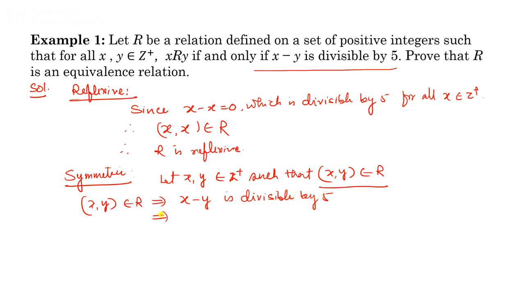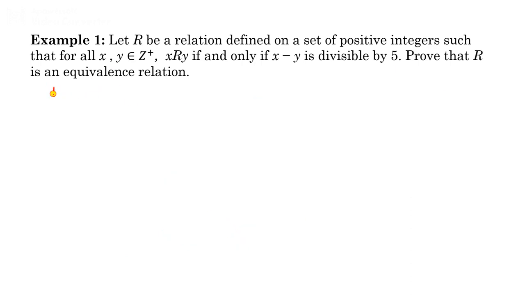If x minus y is divisible by 5, then y minus x is divisible by 5. It means (y, x) belongs to R. We started with this one and proved this one. So R is symmetric.